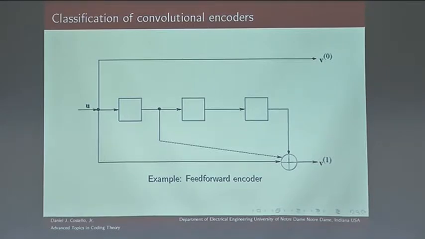This is a so-called systematic encoder. This output sequence is just the input sequence. And this one would be the current input bit plus 1 time unit delayed plus 3 time units delayed. So the generator polynomial here would be 1 plus D cubed.